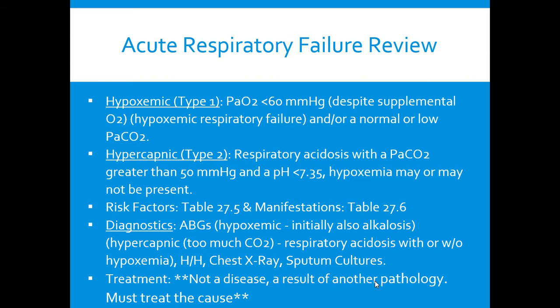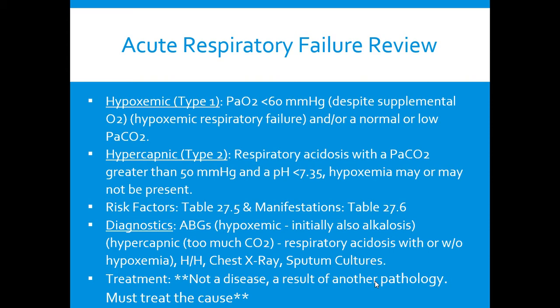such as in pulmonary edema, or there's an issue with permeability of the alveolar capillary membrane. Hypercapnic respiratory failure is characterized by a respiratory acidosis. Think hypercapnic: we have CO2 greater than 50 millimeters of mercury and a pH less than 7.35. Hypoxemia may or may not be present.